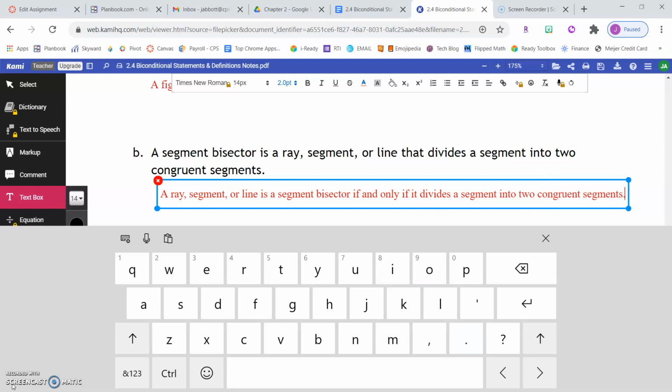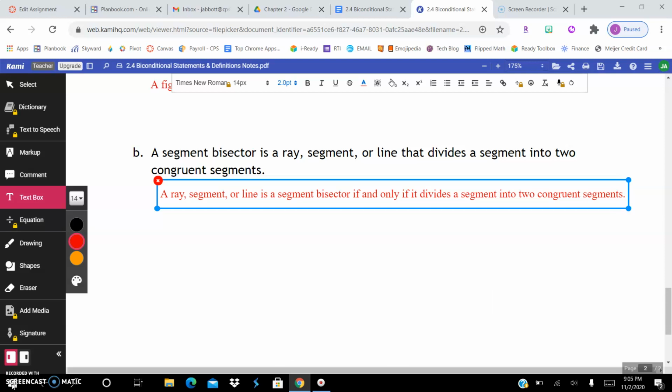So you're just rewriting the definition with if and only if in the middle.